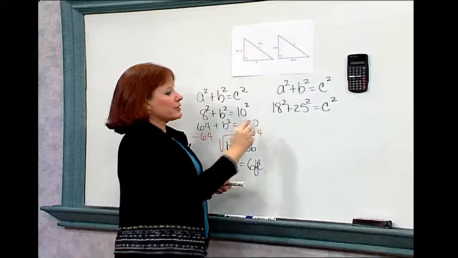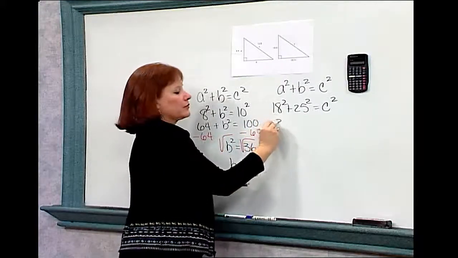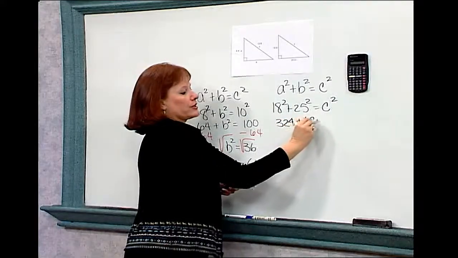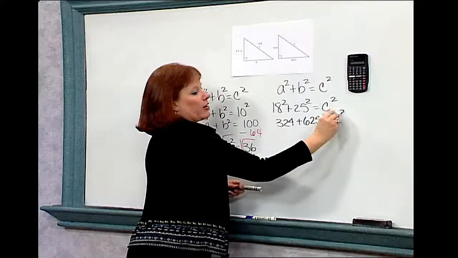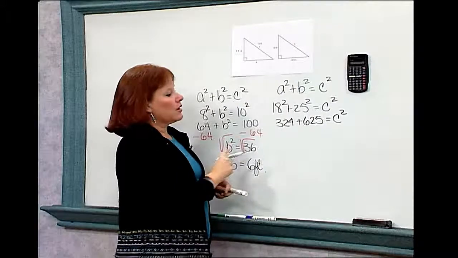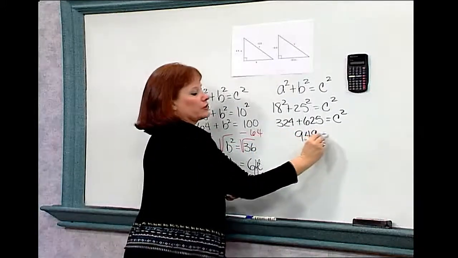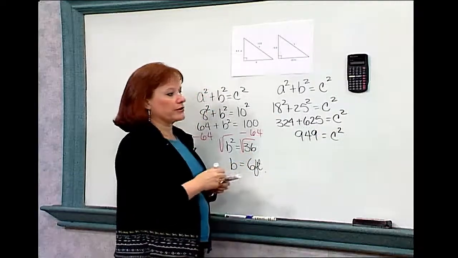When I start solving this equation, I'm going to square 18, which is 324, and square 25, which is 625. When I add these two together, I get 949 for the total as equal to c squared.